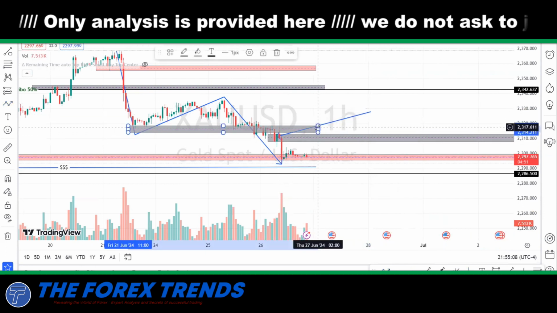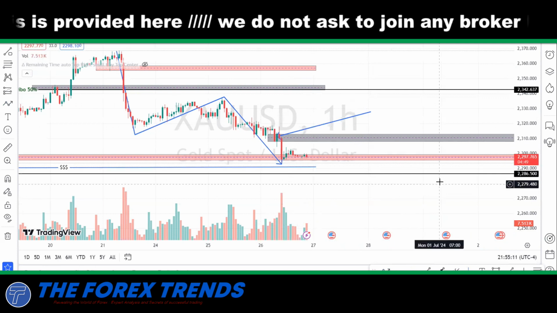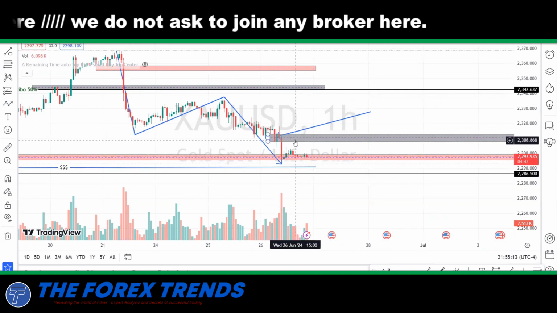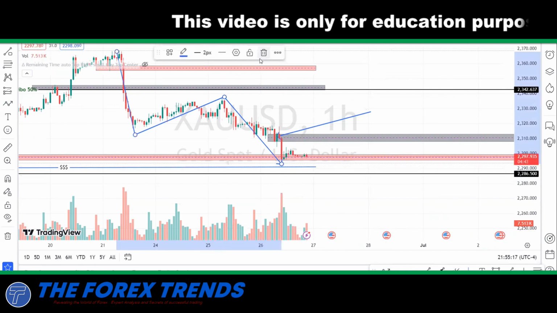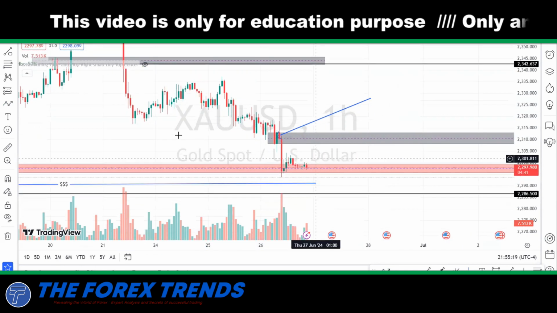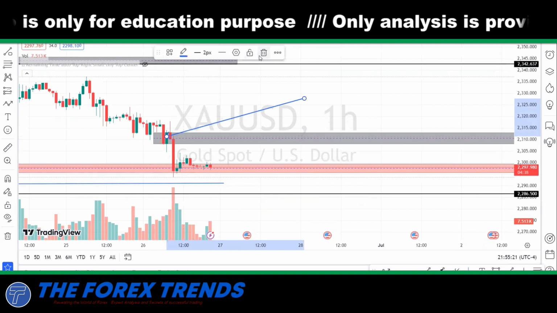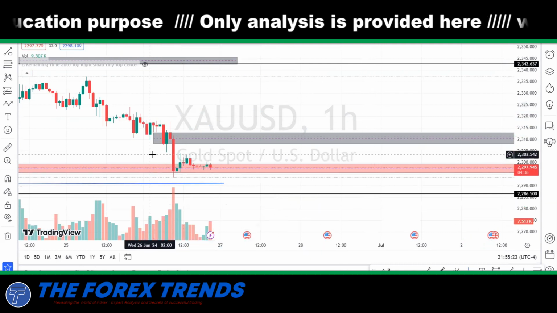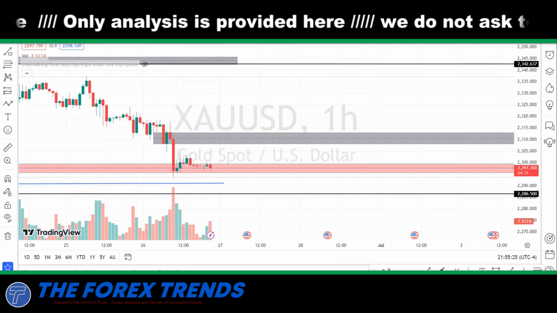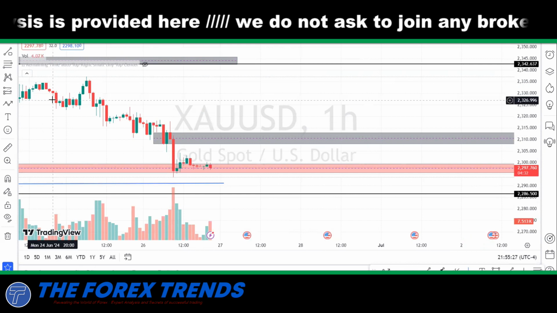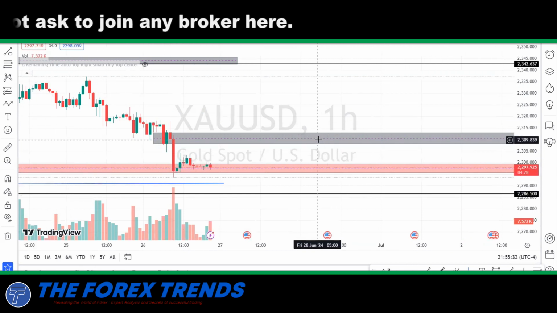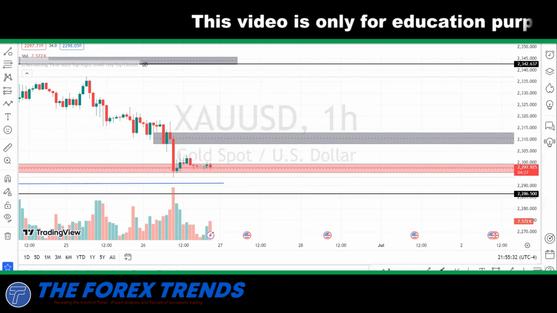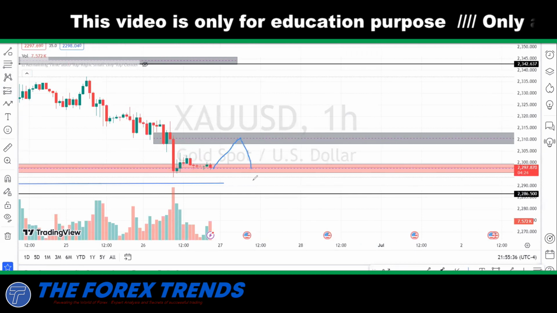That's why we are interested in this zone, that is 2307 to 2310. So if we get the price today at the 2307 to 2310 level, we may initiate a sell from here also. It's possible that after the release of news, it may test this zone and come down.